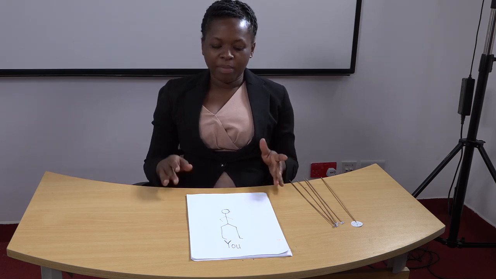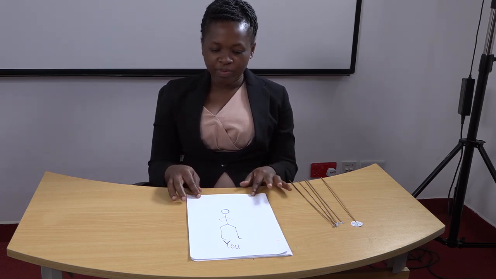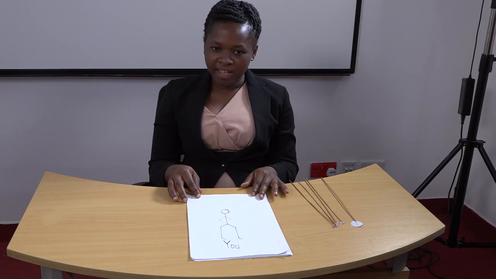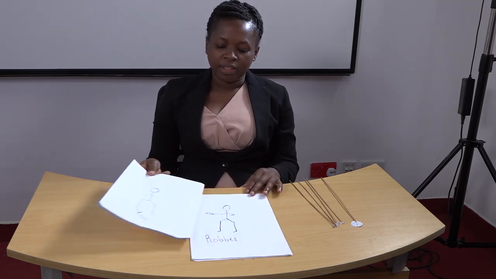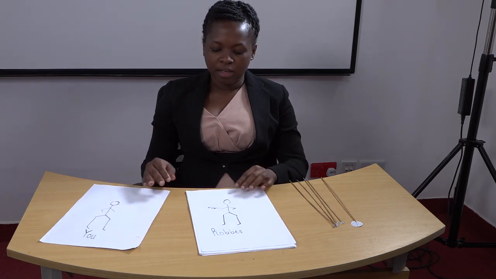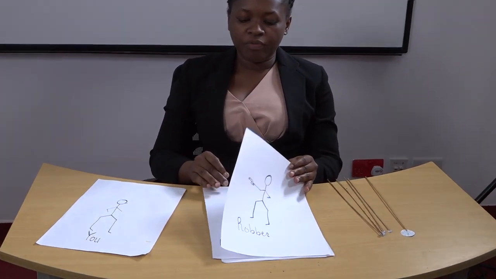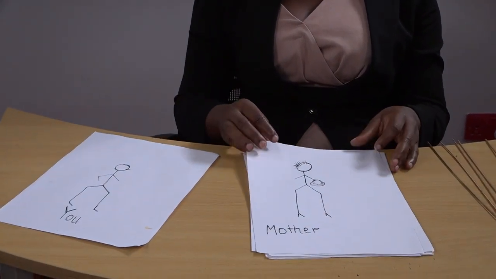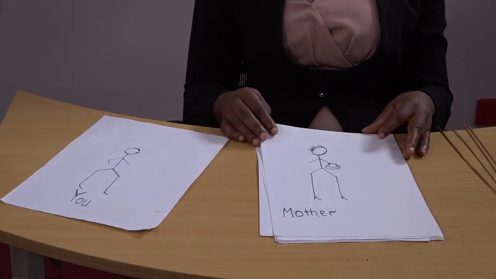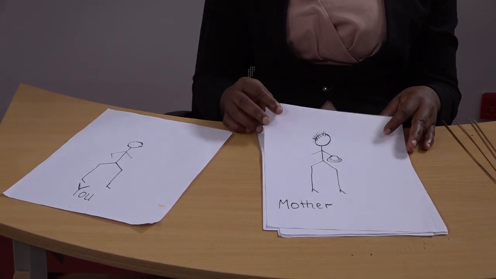Now, to begin with our lesson, imagine you are living with your mother in the same house. Then your mother goes shopping. She tells you, "I'm going for shopping," and then she leaves you alone.